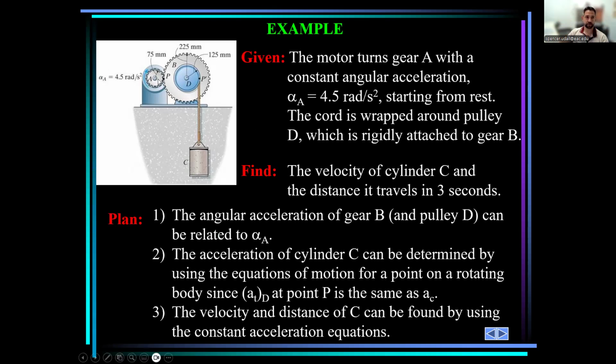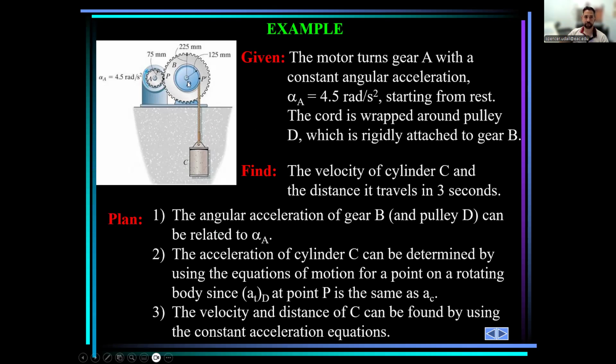Which means if this goes around one time, this circle will go around a fraction of a time, right? So it's going to be spinning a lot to make this go around one time. So that's how those are related, is basically their linear position, linear velocity, linear acceleration is the same at point P, at their interface there.